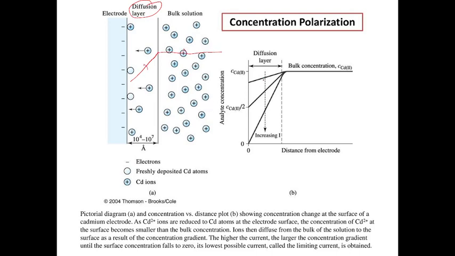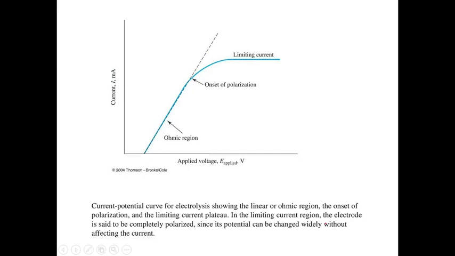So this is all about how concentration polarization occurs. Here the pictorial diagram shows the concentration change at the surface: the concentration of cadmium 2 plus at the surface is smaller than in the bulk.